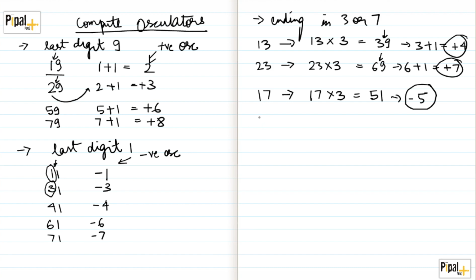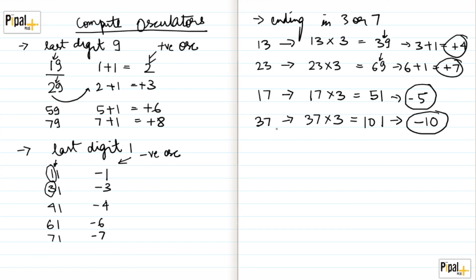Likewise, for the oscillator for 37, I'll multiply 37 and 3 and I get 111. I remove the 1, I am left with 11, and 11 with a negative sign is the oscillator of 37.